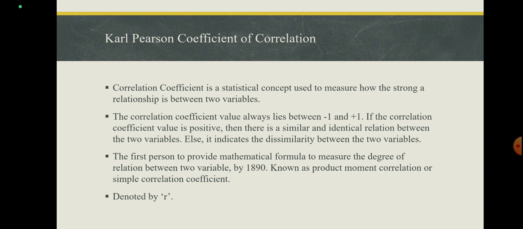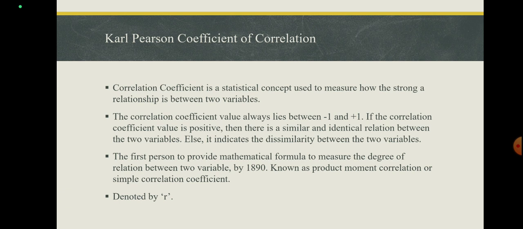If the correlation value is positive, then the relationship is similar, or identical, between the two variables, and if it is negative, the dissimilarity between the two variables is shown. So by using these symbols, we say whether the relation between two variables is identical or has dissimilarities.